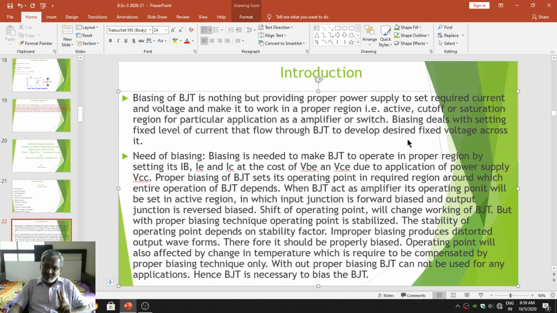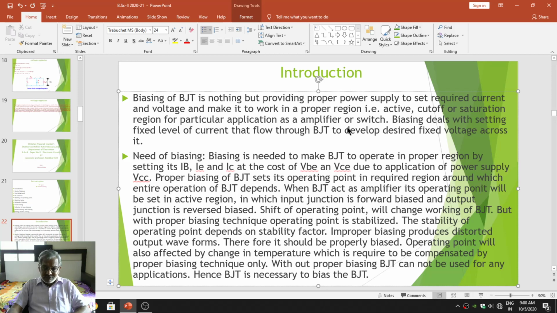Friends, a transistor has only two applications, and that is either it is going to act as an amplifier or as a switch. If the BJT operates either in saturation or in cutoff, it is going to act as a switch. And if it is operated in the active region, it is going to act as an amplifier.